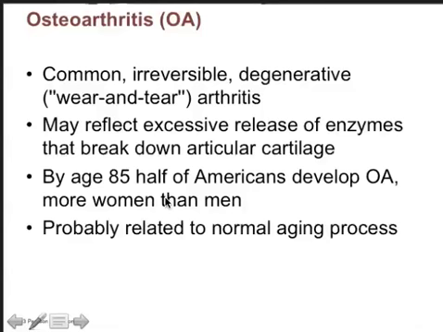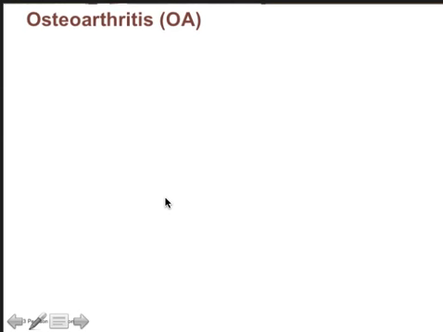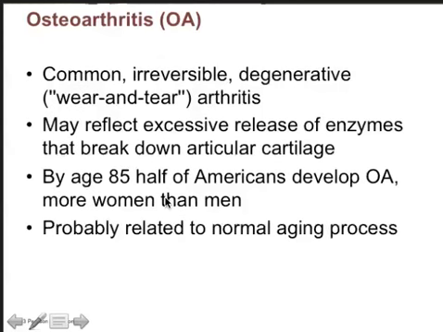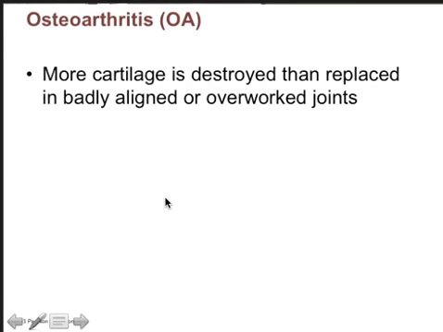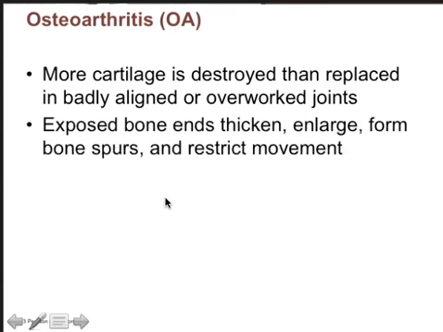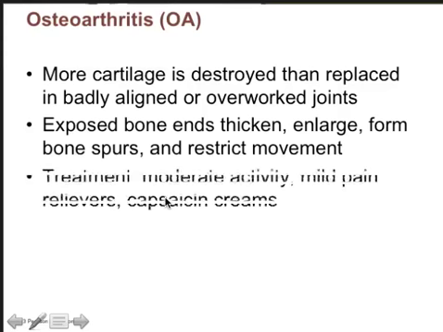Aging alone will result in cartilage eventually wearing away because the chondrocytes will die, and as a result the extracellular matrix will become less stable and eventually peel off the bone. More cartilage is destroyed than replaced in badly aligned or overworked joints, and this causes the bone ends to thicken and enlarge, and it makes those bone spurs we talked about, which restricts range of motion.